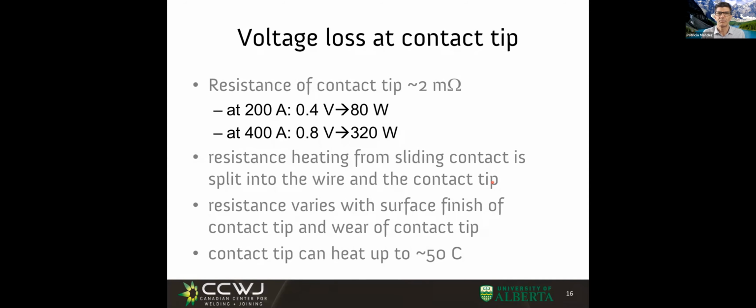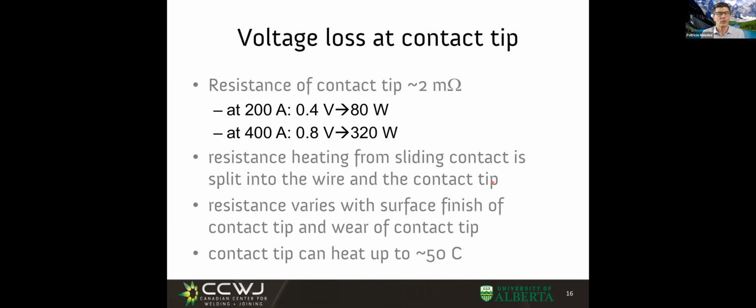And you know what? People don't want to pay more than $1 for a contact tip. Pretty much every time you have a problem, you can trace it back to a worn out contact tip. So in this class, we're going to give a value of more or less 2 milliohms to the contact resistance of the contact tip for all wire diameters.